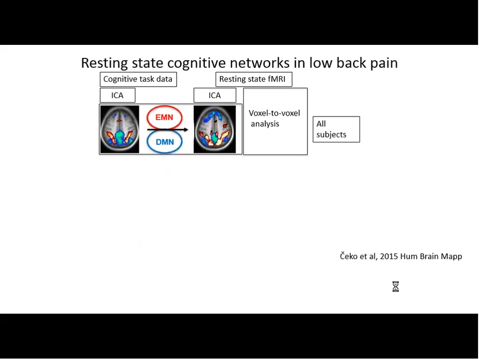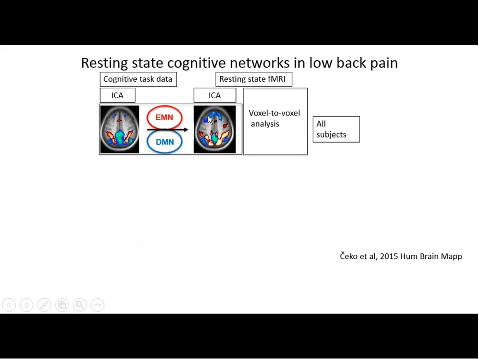So an interesting thing about these cognitive networks and brain networks in general is that we can use neuroimaging to identify them while an individual is at rest. So here in our low back pain patients, we identified the networks activated during the task, just like I showed you in the previous slides.